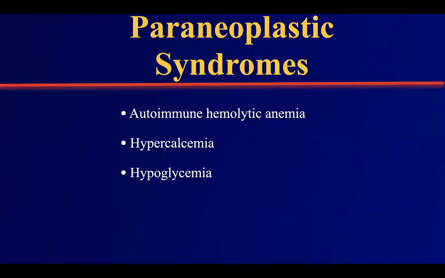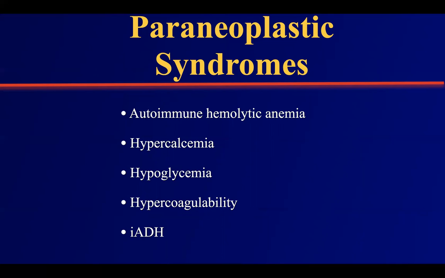There are some paraneoplastic syndromes such as autoimmune hemolytic anemia, hypercalcemia, hypoglycemia, hypercoagulability, and inappropriate ADH syndrome. But unfortunately, these paraneoplastic syndromes are seen in only 10% of patients.